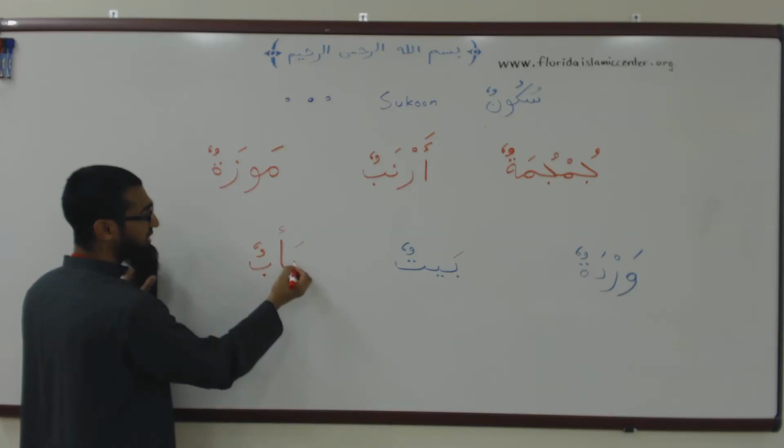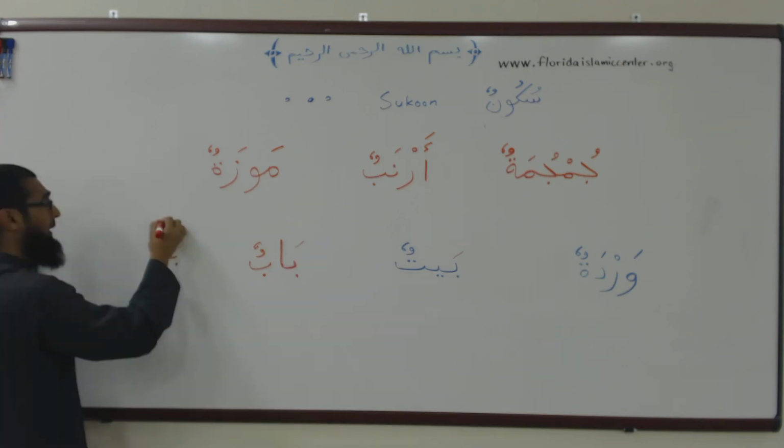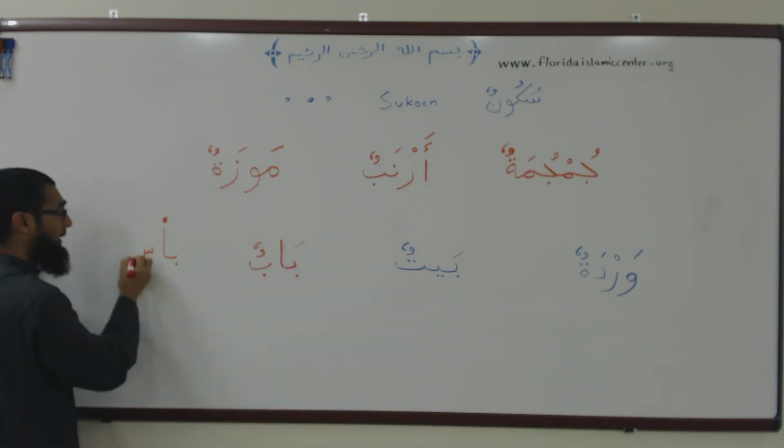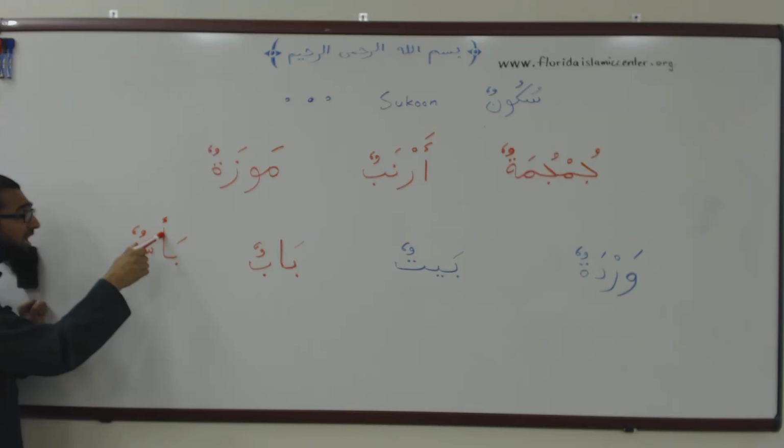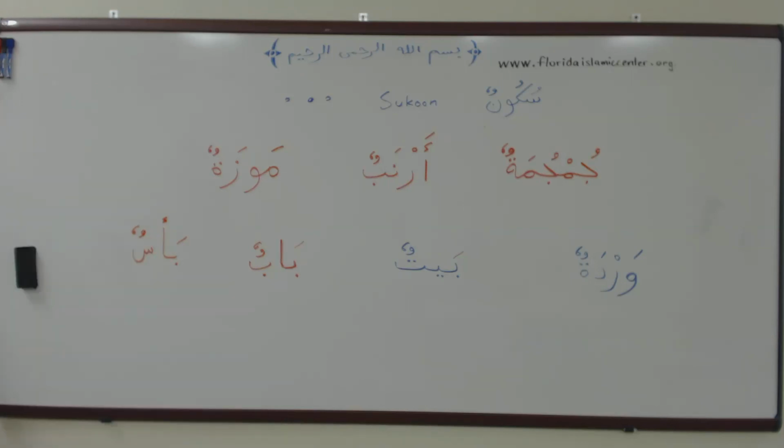Okay, look at this word. Now, how do you pronounce that? Are you going to use this to elongate the ba? No, you wouldn't. Because I said you can only elongate a fatha with an alif, and this is not an alif, this is a hamza. So it's going to be ba'sun. There's a sukoon here.